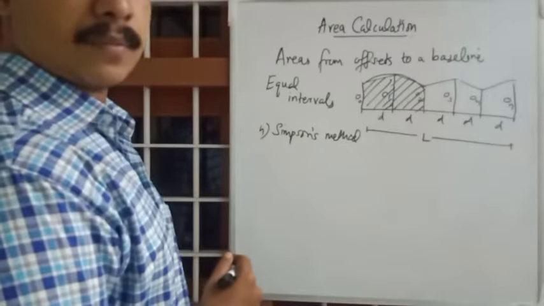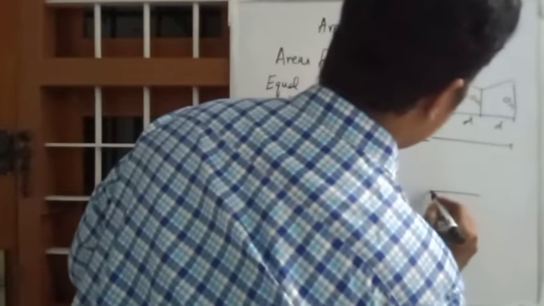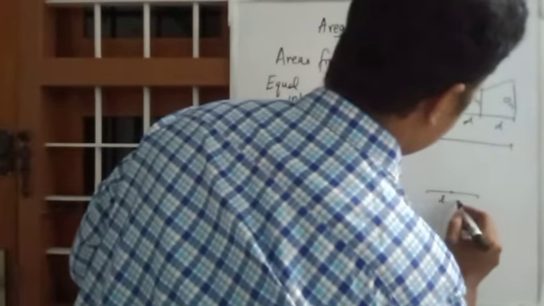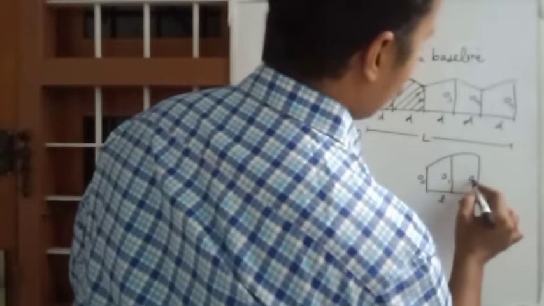through offsets. Okay, and if we take that equation D, and if suppose this is the ordinates O0, O1, O2.